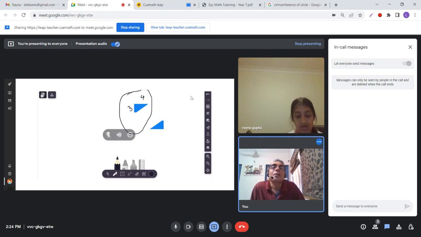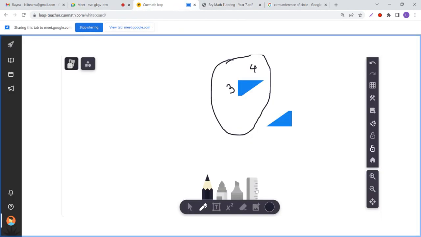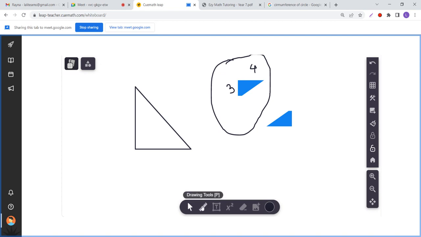Okay. Now, see, as per a right angle triangle, I draw this right angle triangle. Now, a right angle triangle just has three sides. We have just flipped it.